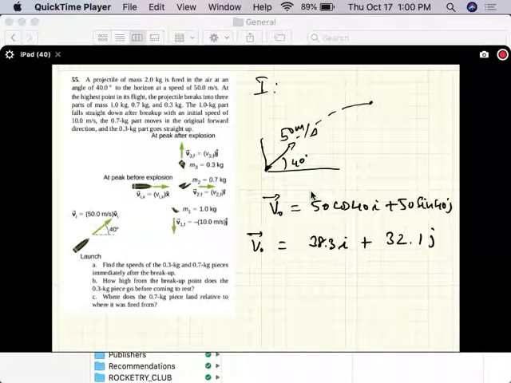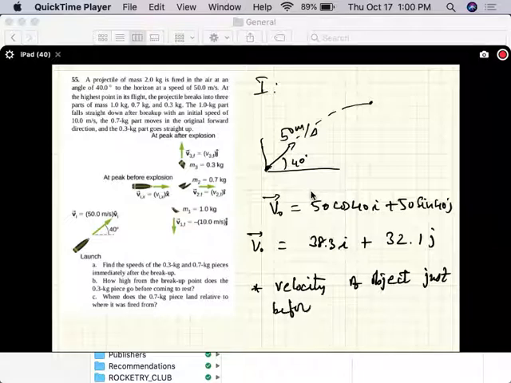Okay, so what is the velocity of the object just before exploding? The velocity is 38.3 i plus 0 j.